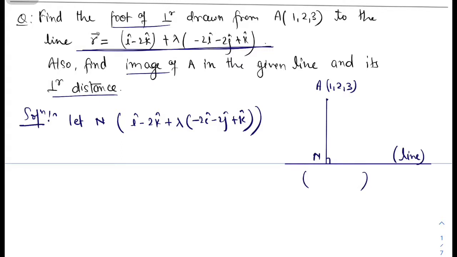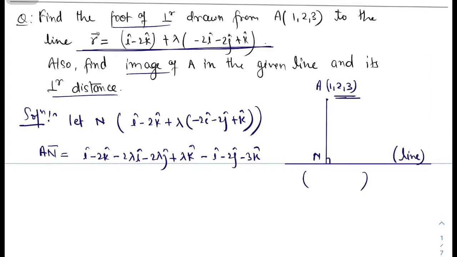In this way we can assume any point on the line. Now the AN vector will be simply this N vector minus the position vector of A: i minus 2k minus 2 lambda i minus 2 lambda j plus lambda k minus i cap minus 2j cap minus 3k cap. This A vector we have subtracted.